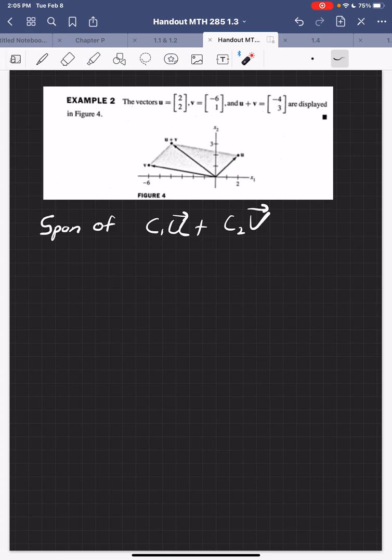Notice that in example 2, there's not much work to do here, but they have plotted vector u and they've plotted vector v.